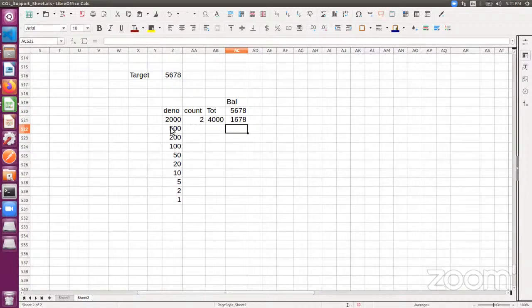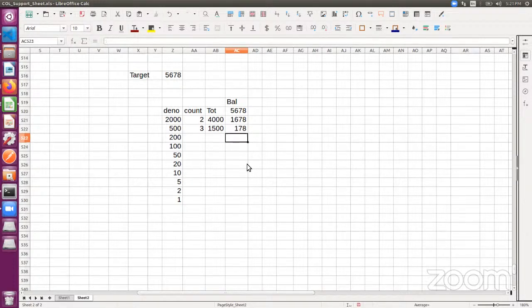Now the second largest denomination is 500. How many 500 rupee coins can fill this balance? 3. The total is 1500, and the balance is 178.